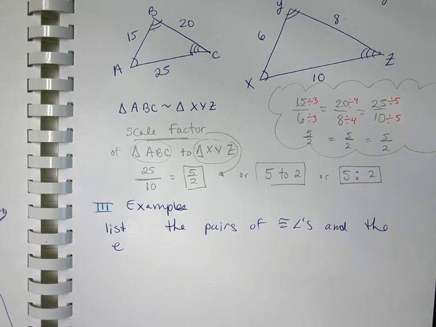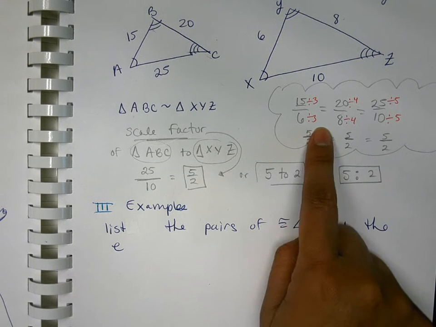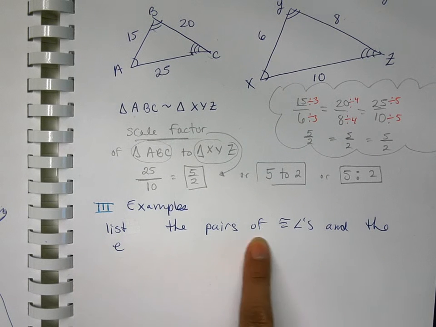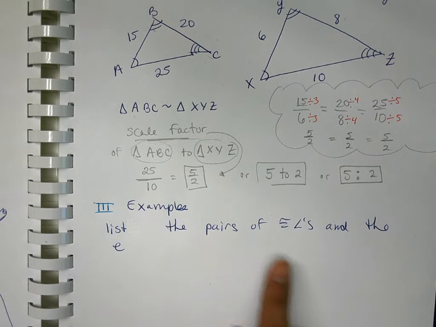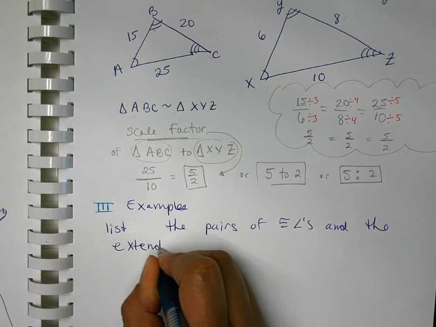Is the scale factor doing this math right here? Yes. This right here is called the extended proportion. So when it says here, list the pair of congruent angles and the extended proportions.